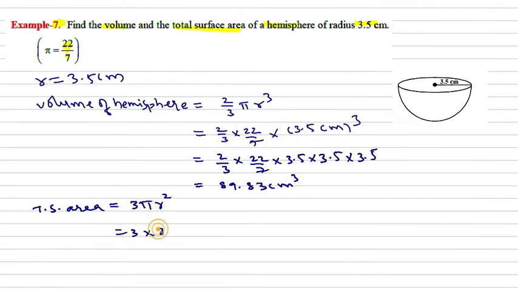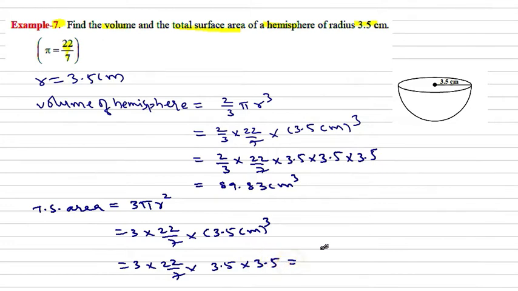So 3 into 22 by 7 into radius 3.5 centimeter square. So which is equal to 3 into 22 by 7 into 3.5 into 3.5, which is equal to 115.5 centimeter square.